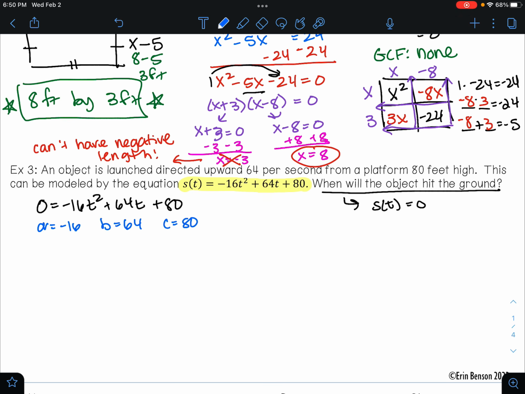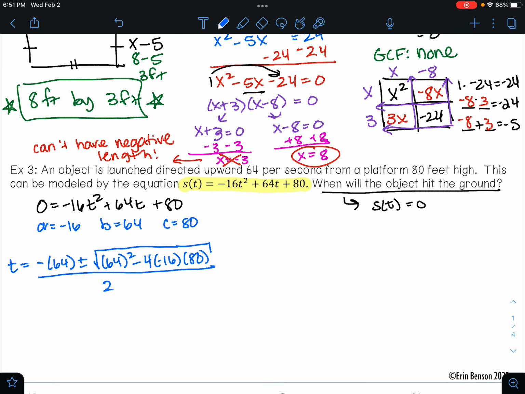So I'm solving for time, so I'll have t equals negative b plus or minus the square root of b squared minus 4 times a times c, all over 2 times a.